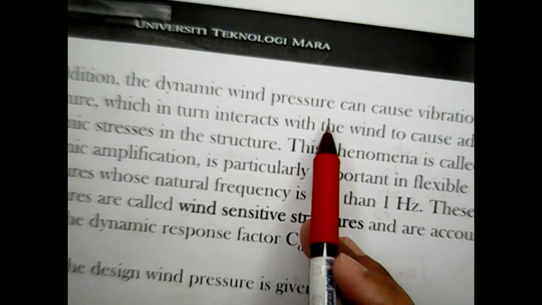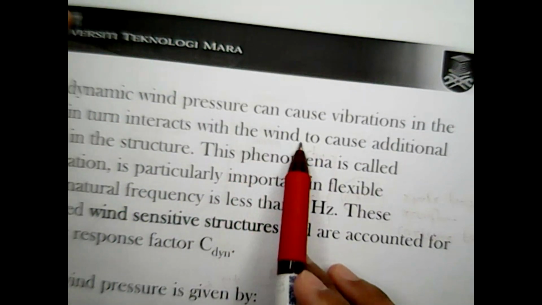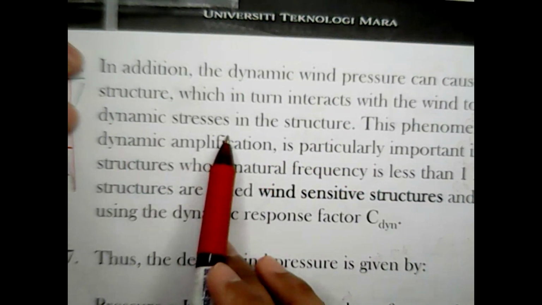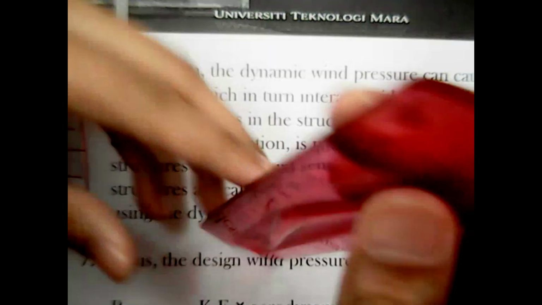The vibrations of the structure in turn interact with the wind to cause additional dynamic stresses in the structure.